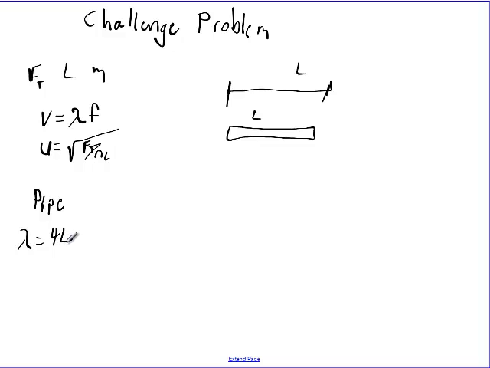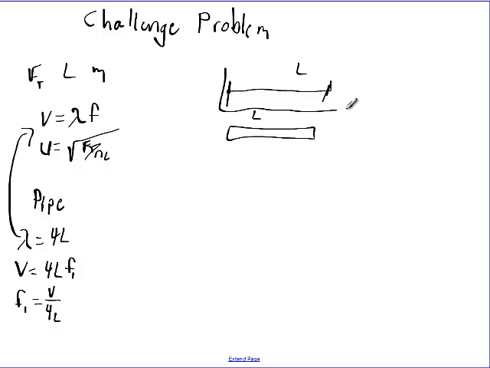Now, if we use this in this equation, we can solve for the fundamental frequency: V equals 4L times F1, where F1 is the fundamental frequency of the note that's produced. Solving for F1, F1 equals the speed of sound, V, divided by 4L.